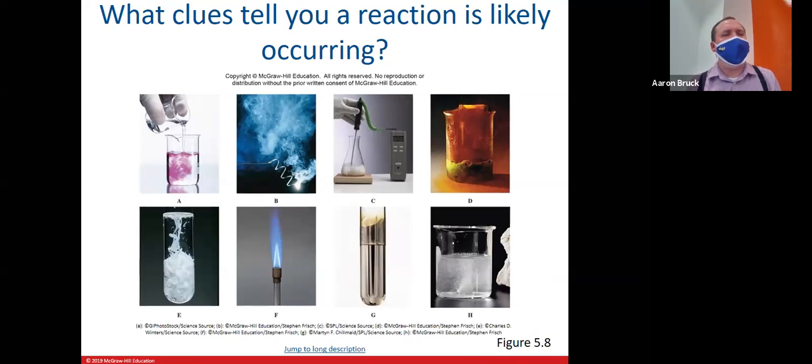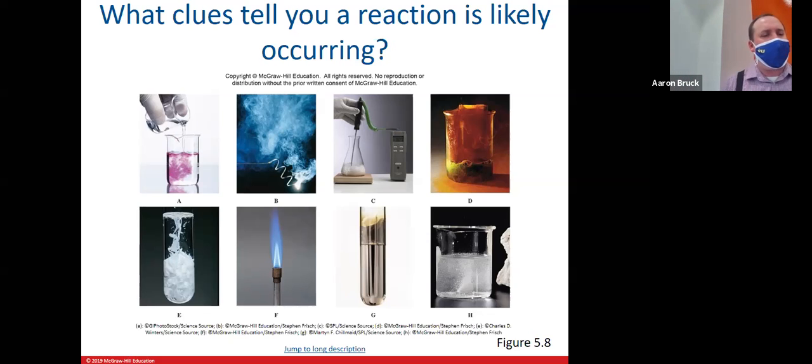So how do we know that we have a reaction occurring? What are some ways that we can tell that something's going on? Well, these pictures give us some kind of clue.